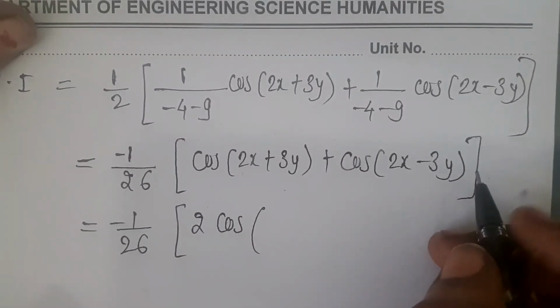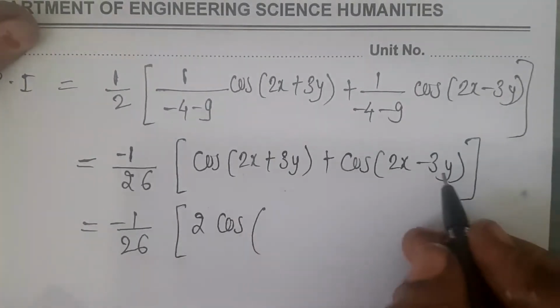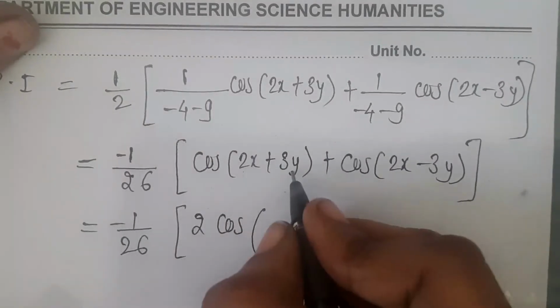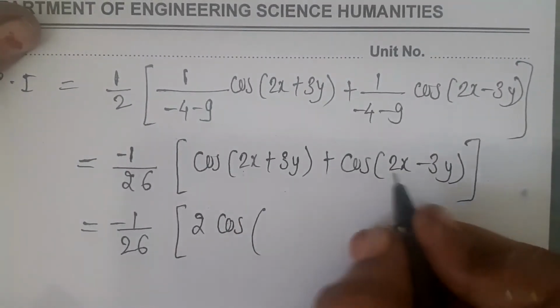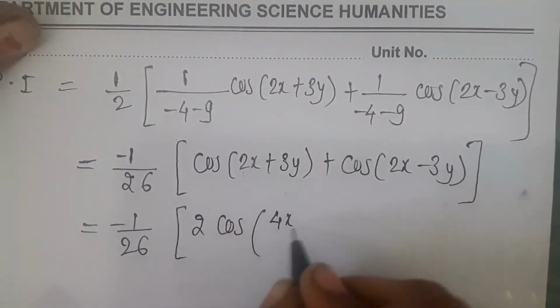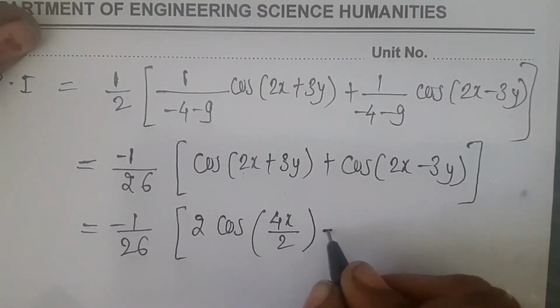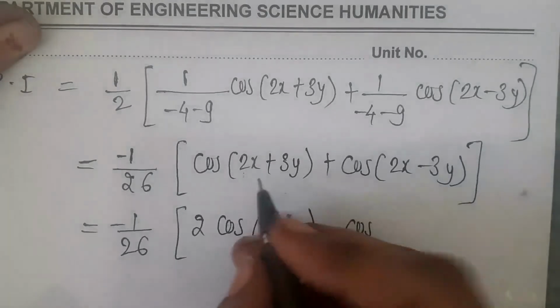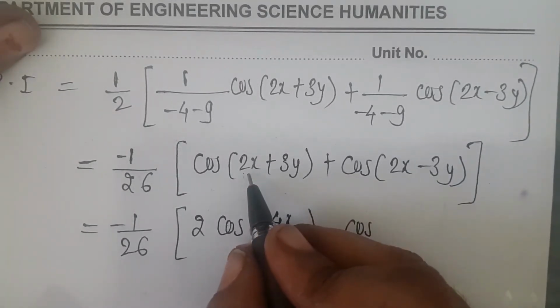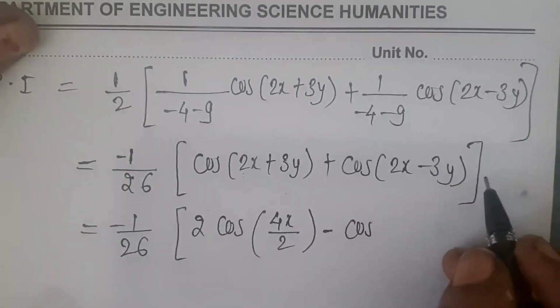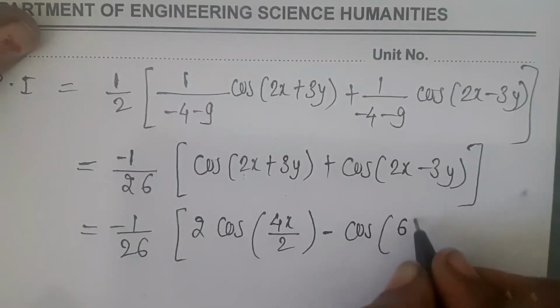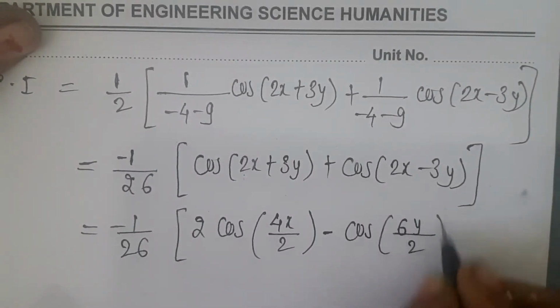So it is equal to adding both the brackets divided by 2. So 2x plus 3y plus 2x minus 3y means 4x divided by 2, multiplied by cos of the subtraction, 2x plus 3y minus 2x plus 3y. So it is 6y divided by 2.